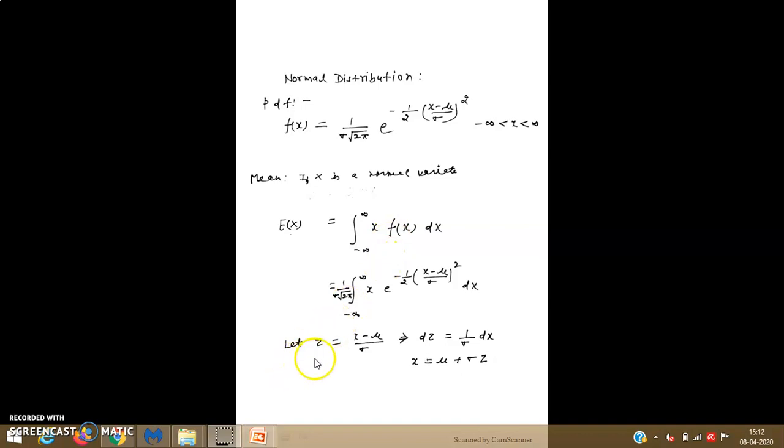Let us substitute z equal to (x minus mu) upon sigma to simplify the integral. dz equal to 1 upon sigma dx, and x becomes z into sigma plus mu.